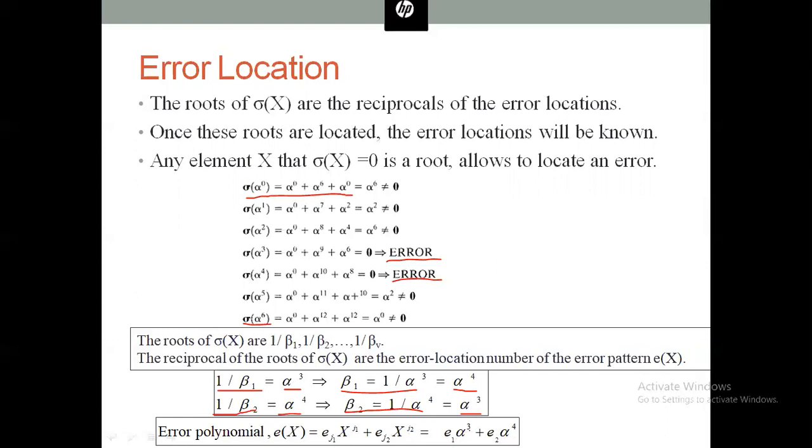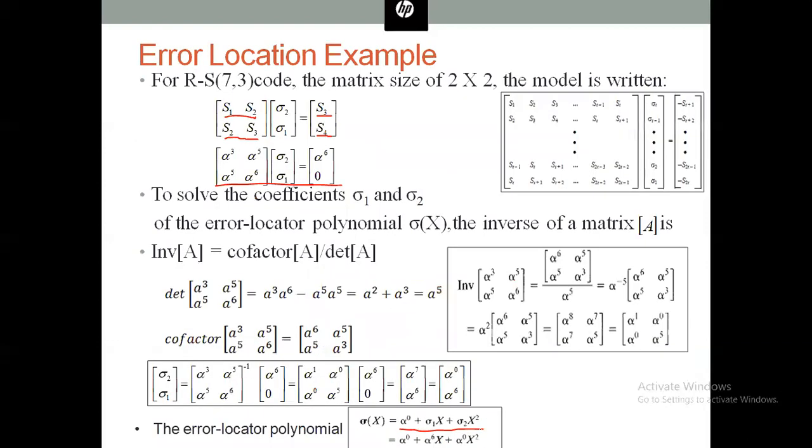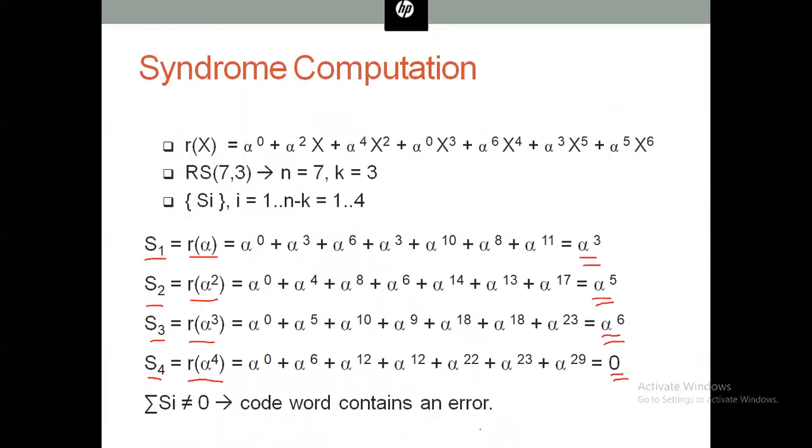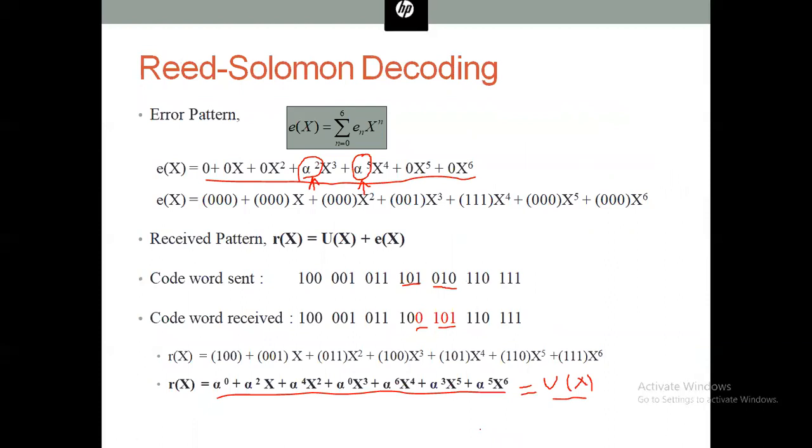So it is x3 and it is x4. So the location of error is x3 and x4. So half of the work is done here. If you check here, the error is at x3 and x4.